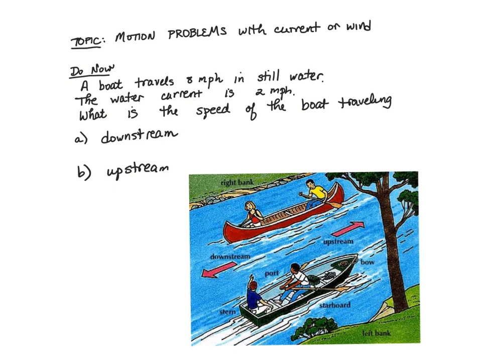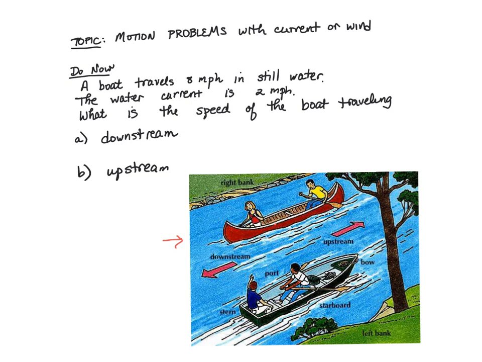When we travel downstream, as we see in the picture, this is downstream here, notice that the canoe is traveling with the water current. So if the canoe by itself can go 8 miles per hour and the water current goes 2 miles per hour, then when the boat travels with the current, the boat's speed would increase.